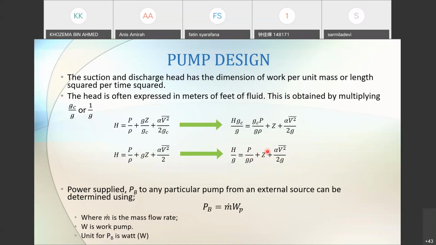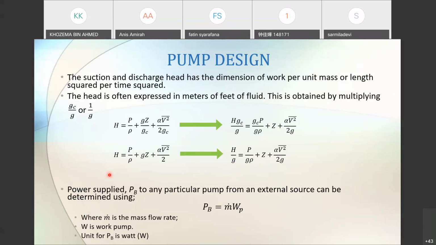So if the unit of Z here is meter, by right, the unit here must be meter, and the unit here must be meter. So this is how you convert your unit, initially meter squared per second squared, into meter by dividing the whole term by the value of G. That is how you get your suction and discharge head in the unit of length.